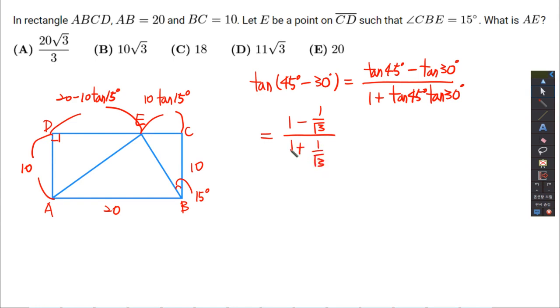So if we use these values, and if we rationalize this, this is the value of tangent 15 degrees. Okay, so if we put this value, the 20 cancels. So actually that's 10 times the square root of 3.